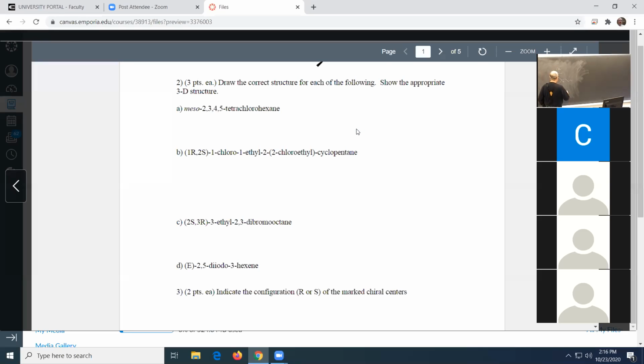Okay, and then this one, arbitrarily, I'll put the hydrogen back and the chloroethyl group forward. So we have a CH2 and a CH2, and then we've got a carbon with a chlorine on it.